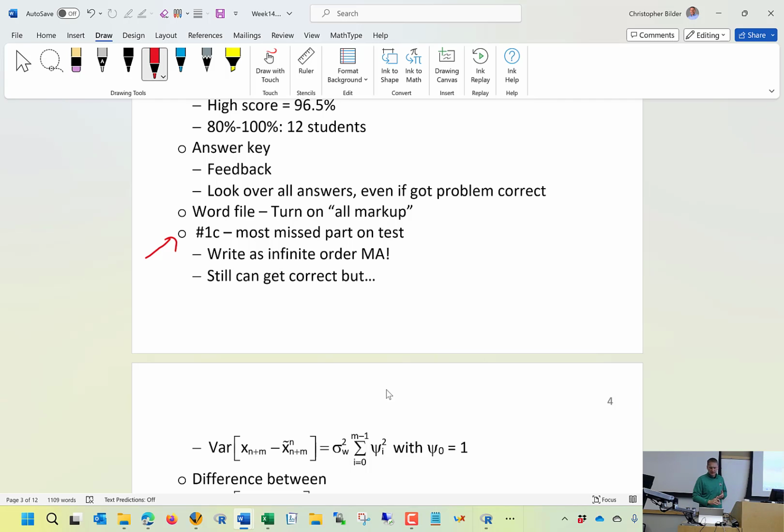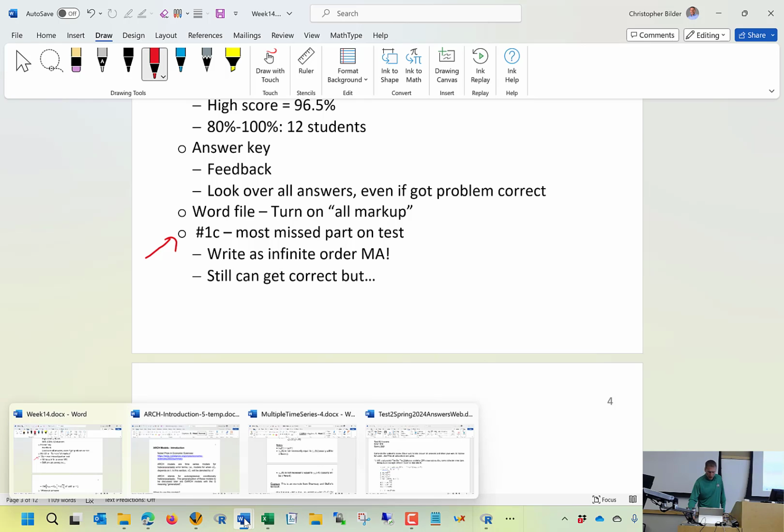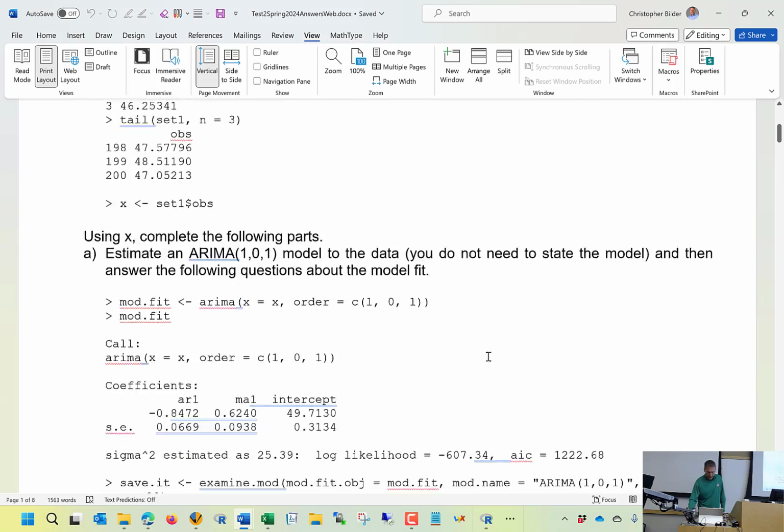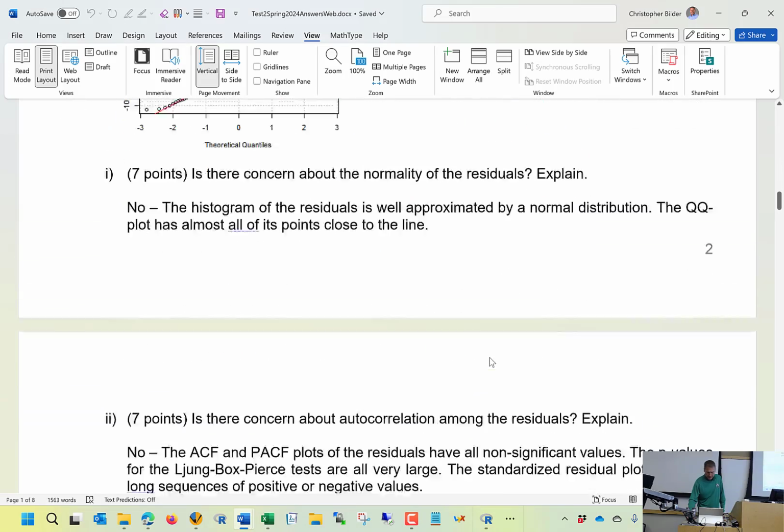And the problem that occurred on this test is that it was a little bit more difficult to use this alternative approach in deriving, and this led to students getting it wrong. At least this, again, was the most missed problem on the test. So let's just briefly talk about this problem.